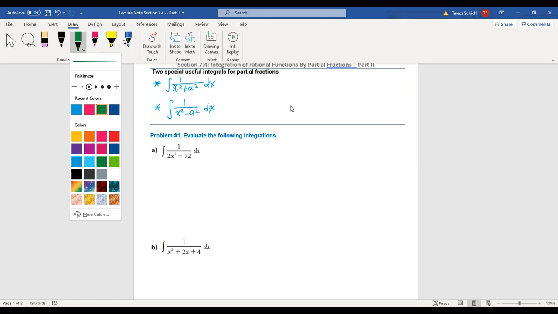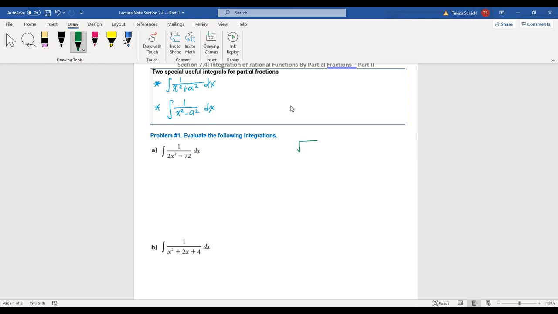We have the trig substitutions for when your integration has the function square root of a squared minus x squared, square root of a squared plus x squared, or square root of x squared minus a squared, right? That is where we discussed the integration formulas, in lecture number 8, when we talked about how to use the trig substitutions.